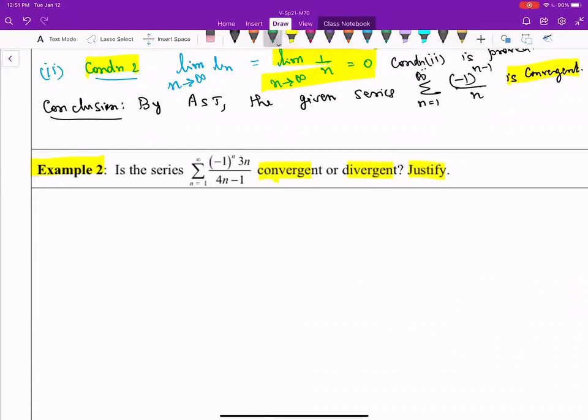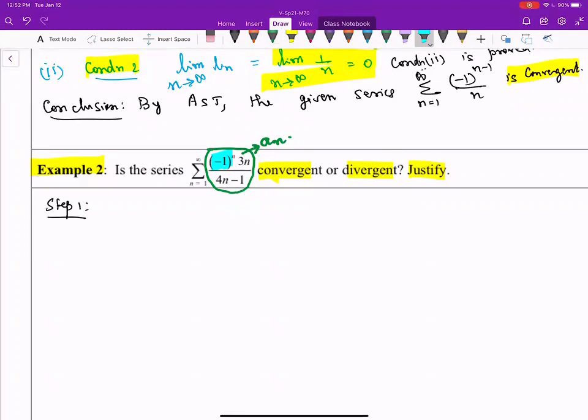Justify. So always we take, without the sigma sign, what is in the given series as the nth term of the series. Because of the presence of -1 to the power n in the problem, it is making the term alternately negative and positive, starting with negative.